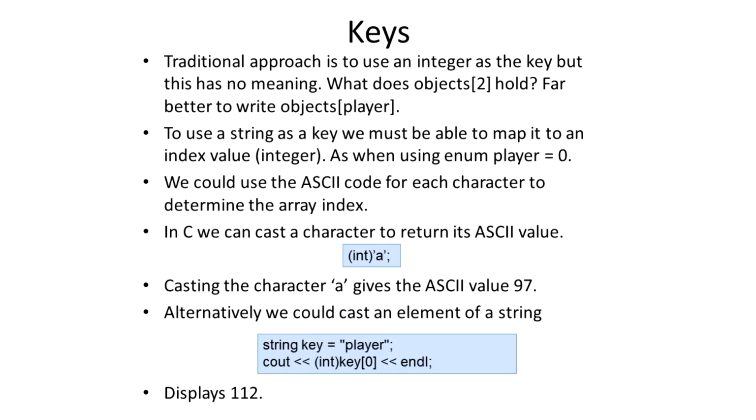Because remember that each letter has a unique ASCII code, meaning that each letter of the string can be converted to an integer number and can subsequently be used as an array index. As you can see here on the slides, the lowercase letter a has the integer value of 97. And the letter P, being the first letter of the word player, has the value of 112.